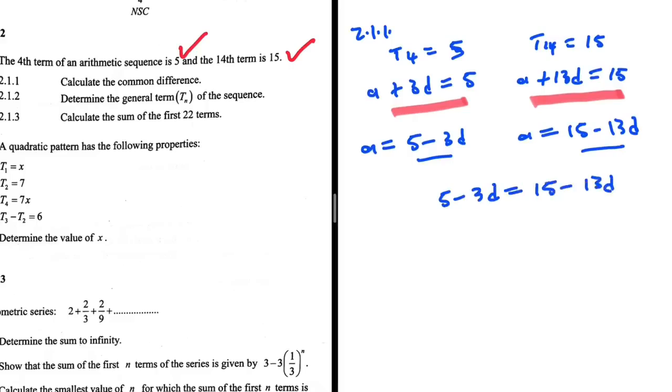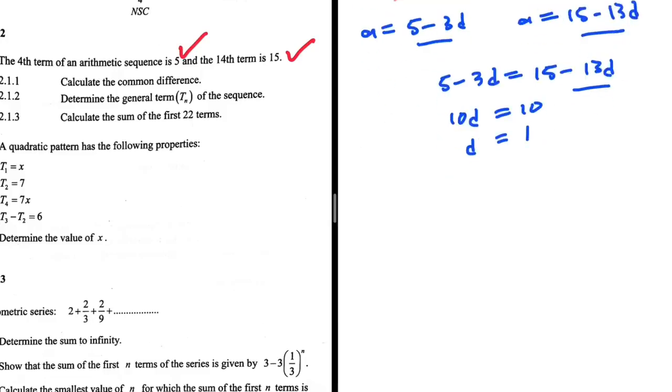Let's take minus 13D to the left hand side. We're going to get plus 10D. Minus 3 plus 13. This equals 15 minus 5, which is 10. It should be easy to see that D equals 1. There we go, 2.1.1.